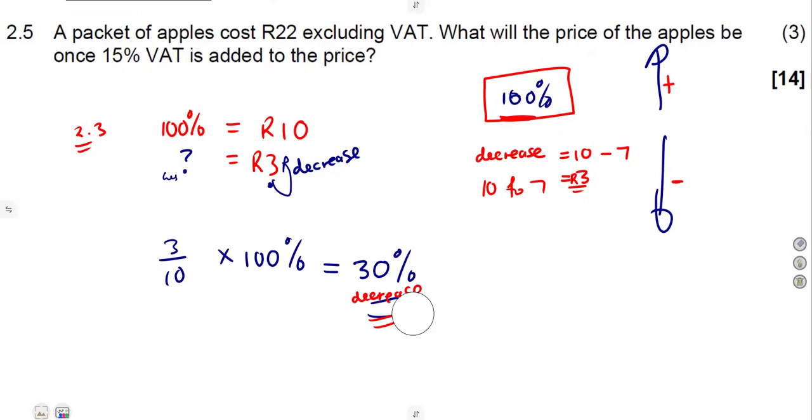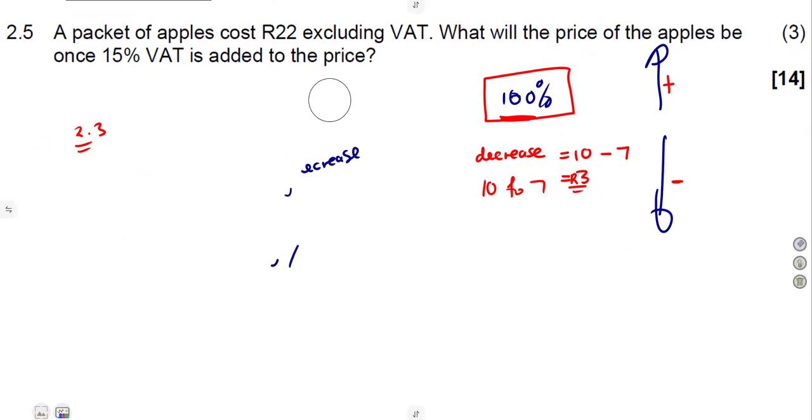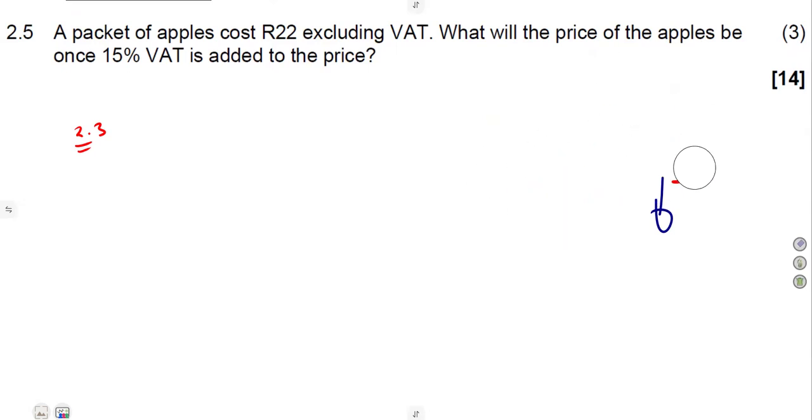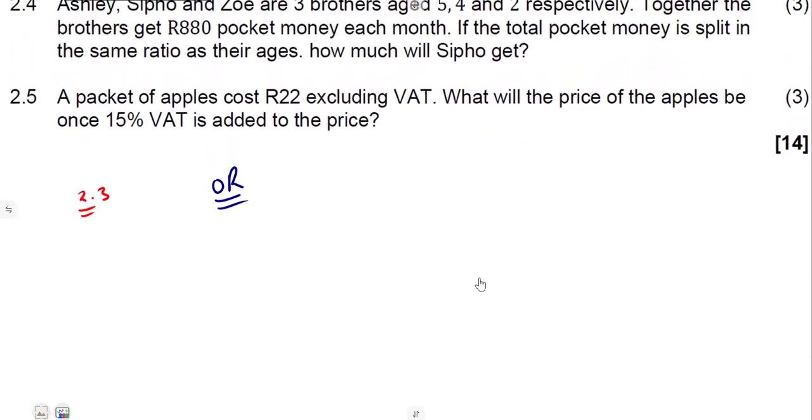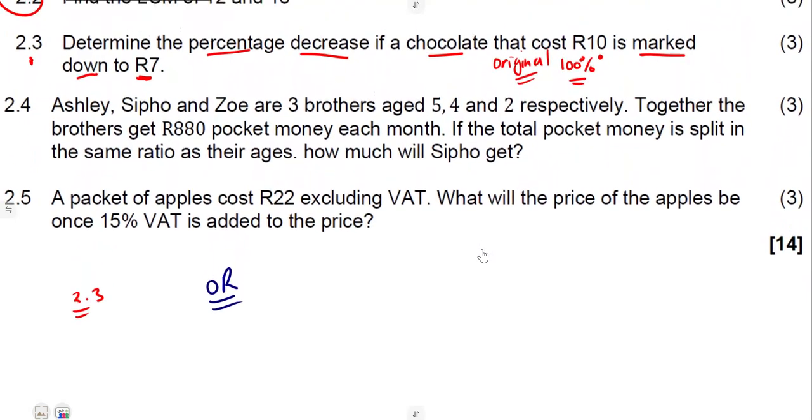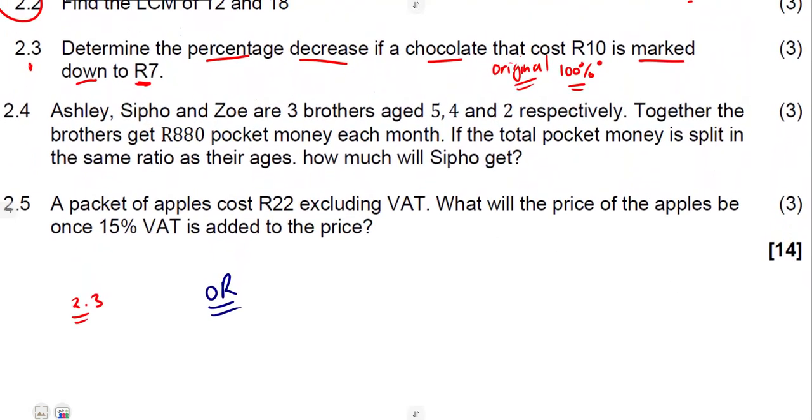Like I said, guys, there are so many ways of answering. Let's try another way. The cost price originally is 10 rand, and it decreased to 7. So you can just ask yourself, at 100% I was having 10 rand. What about the 7 rand?